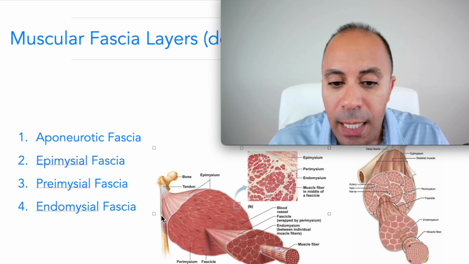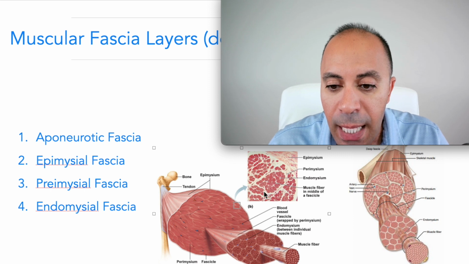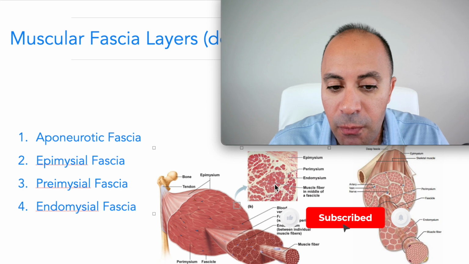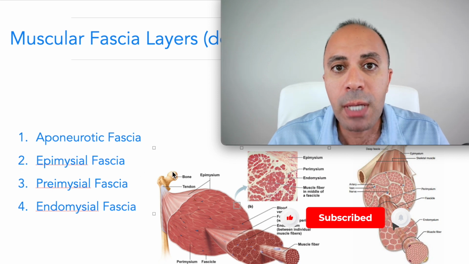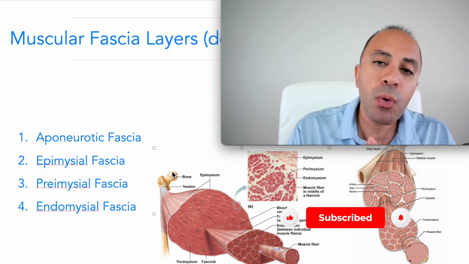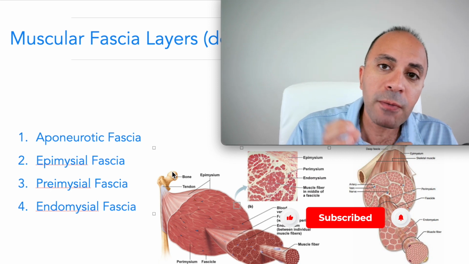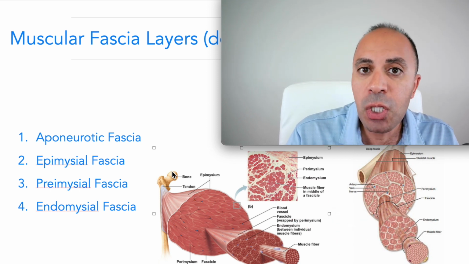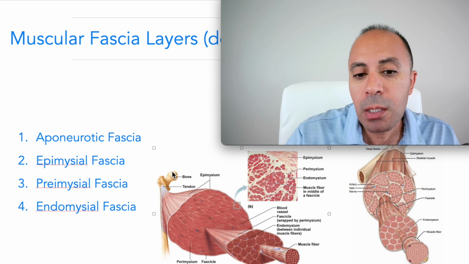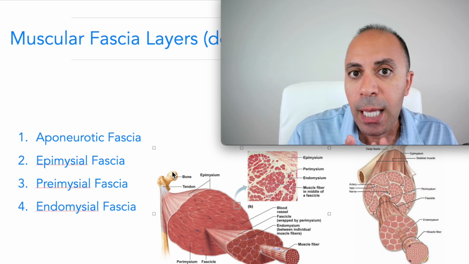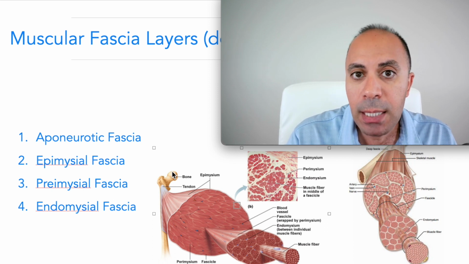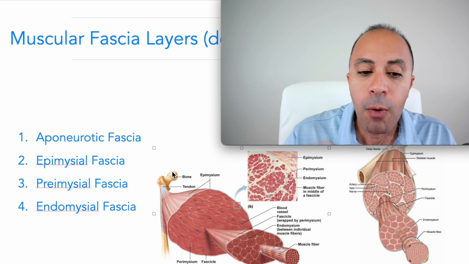Then the perimysium wraps a bundle of fibers. Then at the end you have the endomysium wrapping each individual muscle fiber. So that's why I said massage and foam roller are impossible to release fascia restrictions or deep adhesion, because it's mechanically impossible to go deep to the aponeurotic fascia, epimysium, perimysium, and endomysium and release it with the hand.